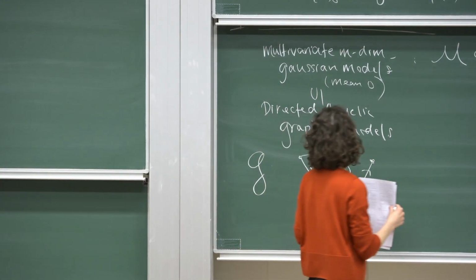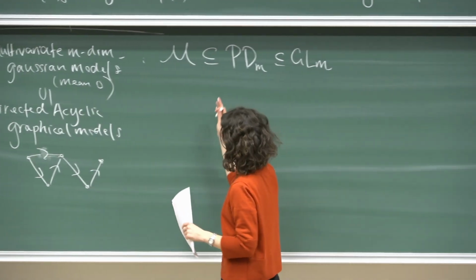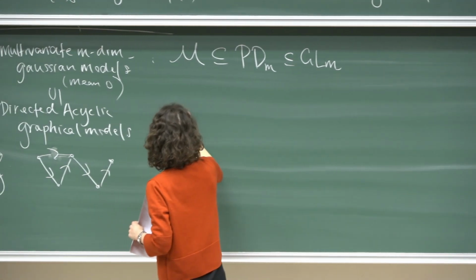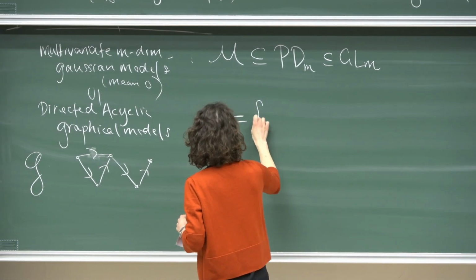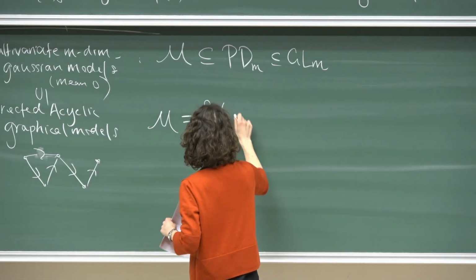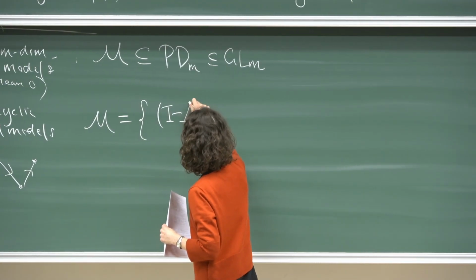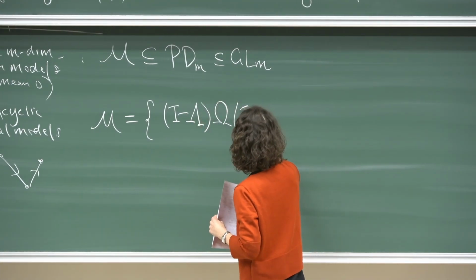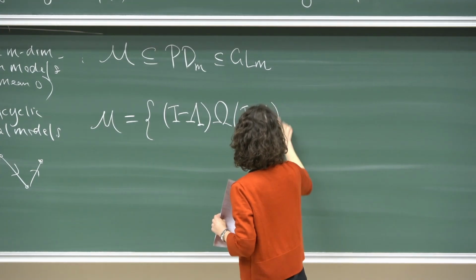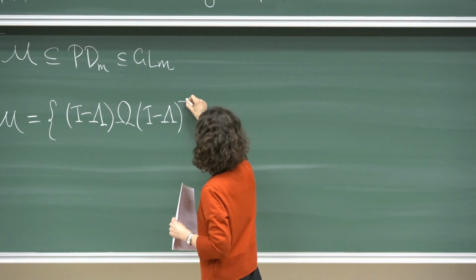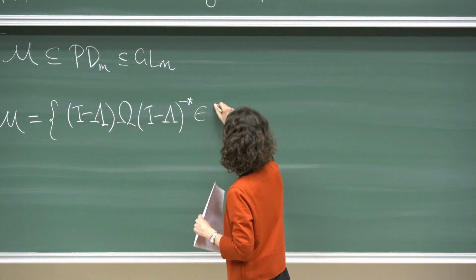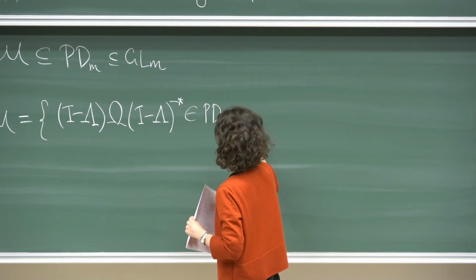Okay, so how do we define a model from this? Well, we need to give the set of covariance matrices, and that is the set of identity matrix minus lambda, inverse, omega, and then the conjugate transpose. I'll explain what lambda is in a second, and what omega is in a second. It's the set of matrices of this form that actually lie in the positive definite cone.